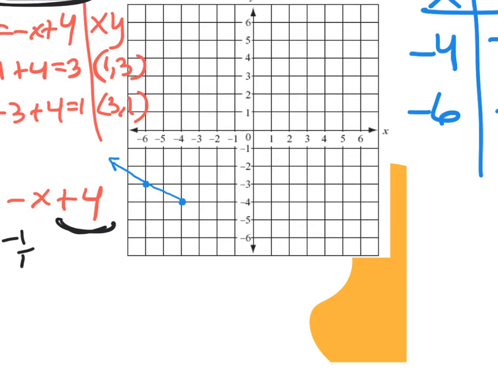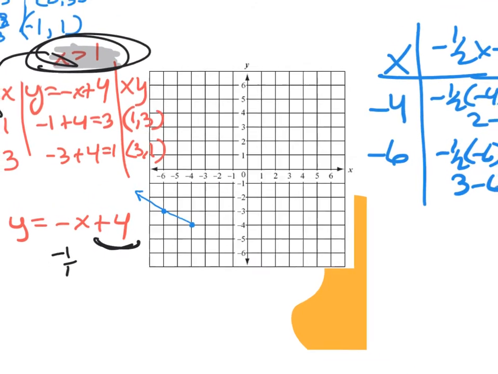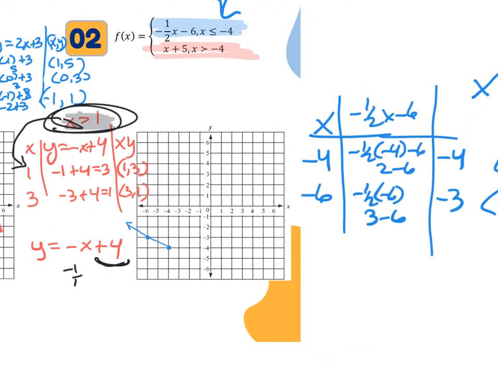Now I'm going to do the other piece of the graph, and that's going to be for the right side, and that will be the red one. So again, if you prefer the little chart, x plus 5, I need to pick this time numbers that are -4 or bigger. So again, I'm going to put in -4, but when I plug in the -4, because it's this symbol, it's going to be an open circle when I graph it.